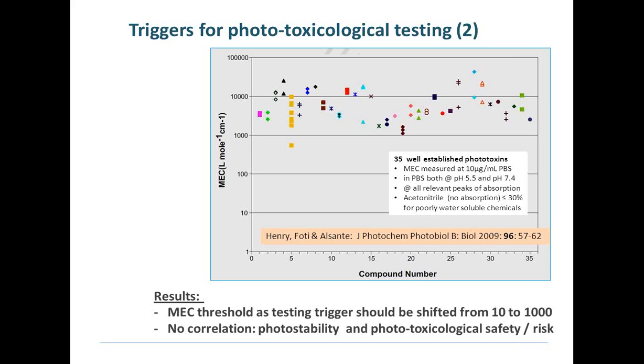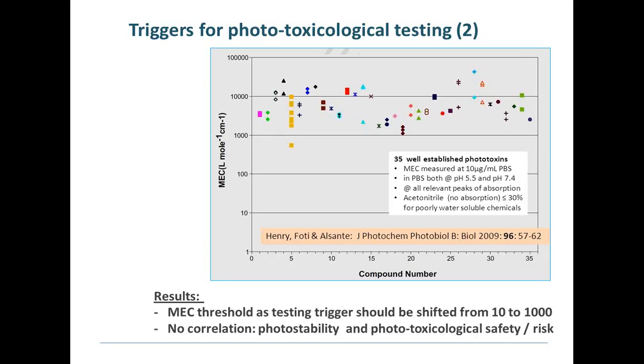That means that at each peak of your absorption spectrum you determine the extinction in a 1 centimeter cuvette in PBS buffered to 5.5 and 7.4, the range expected in physiological tissues. If you can't dissolve it in PBS, you use acetonitrile, which has no absorption as a solvent.